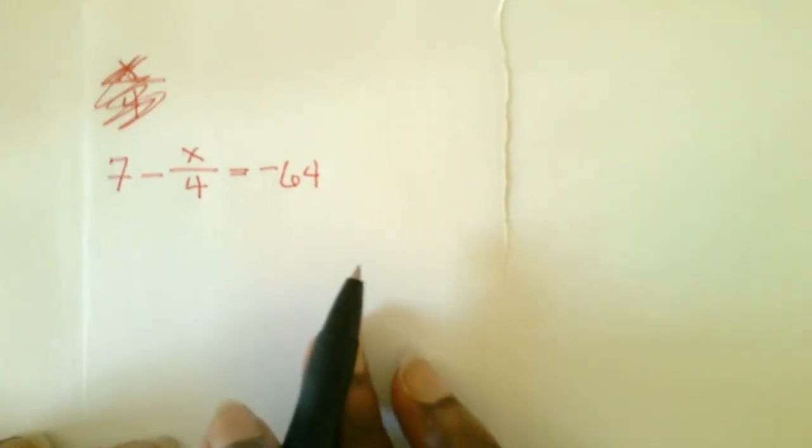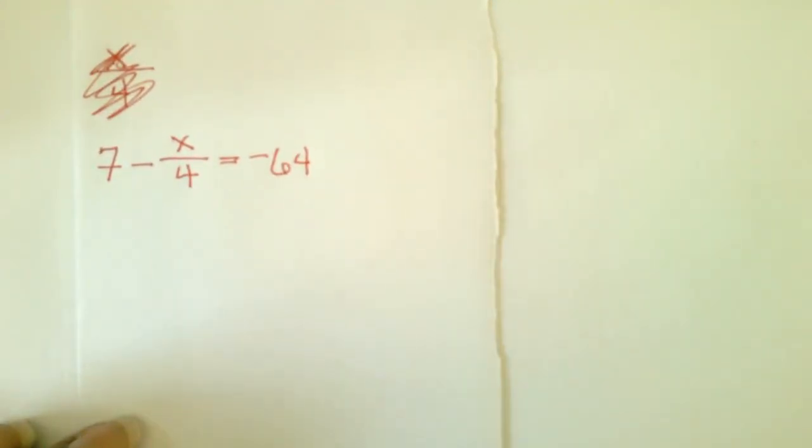So we're not looking at this part anymore because we had to move it over. Alright, what do I do first? No, we're not going to times the 4 yet. We have to isolate it first in order for us to do that.